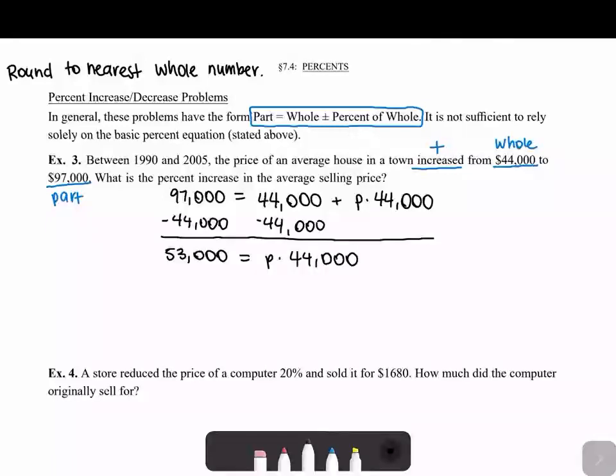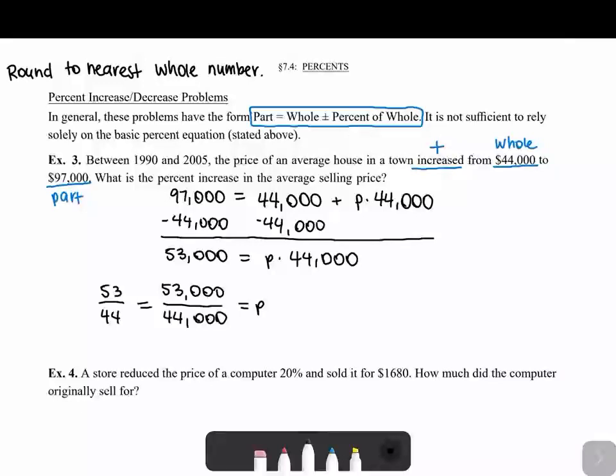Then we just divide: 53,000 divided by 44,000 equals P. If we want to simplify that, we can take the thousands off, so this is 53 over 44. I know that 44 is 4 times 11.